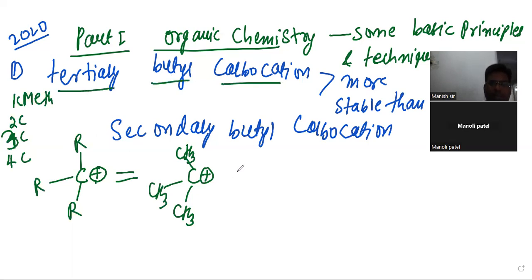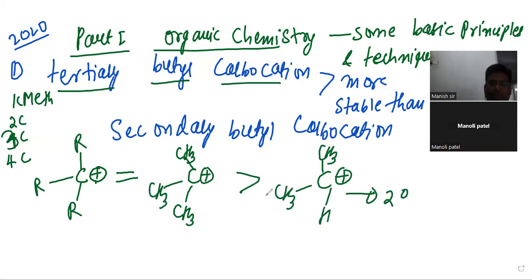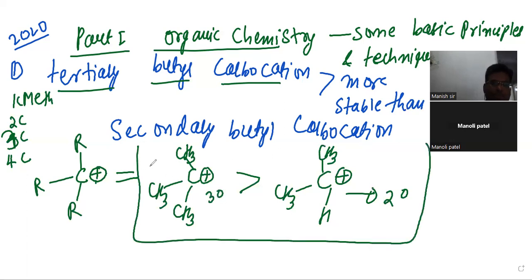So it is more stable than the secondary carbocation. Secondary means this carbon will be connected with 2 methyl groups and 1 H. So this is your 2-degree carbocation and this is your 3-degree carbocation. In the 3-degree carbocation, more hydrogen is there, so due to more hyperconjugation, right?